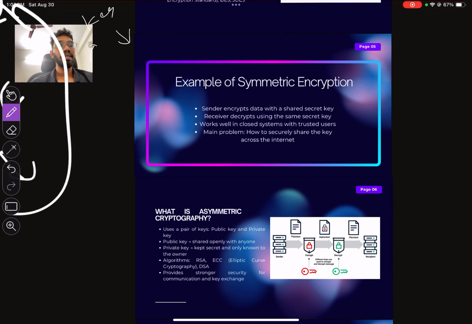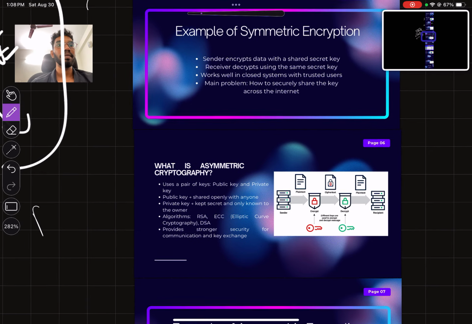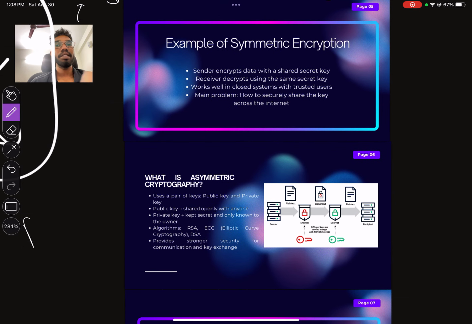When a sender encrypts data with a shared key, so it's a common key, the receiver decrypts it using the same key. It works well in a closed environment with trusted users. The main problem is that the shared key can be accessed anywhere across the internet.